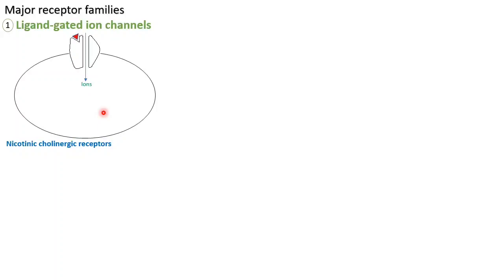A very important example of ligand-gated ion channels are the nicotinic cholinergic receptors. These are receptors to which a molecule called acetylcholine binds. They are called nicotinic receptors because their agonist is also nicotine. How do these receptors work?